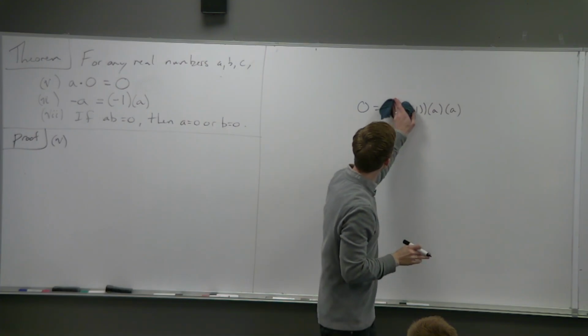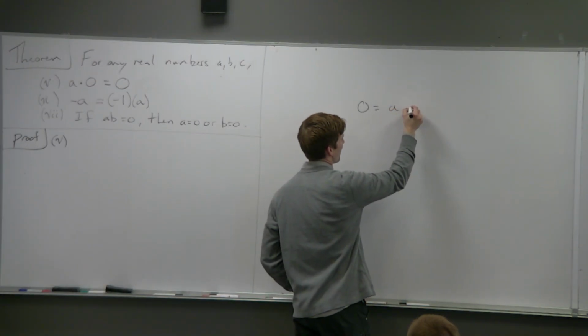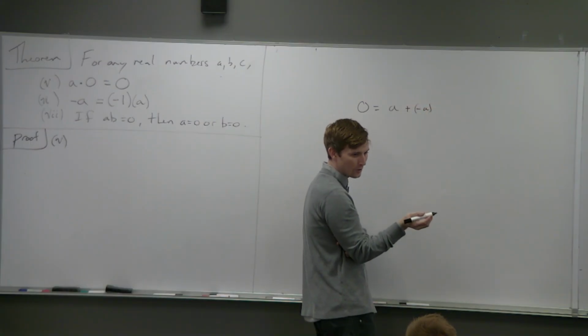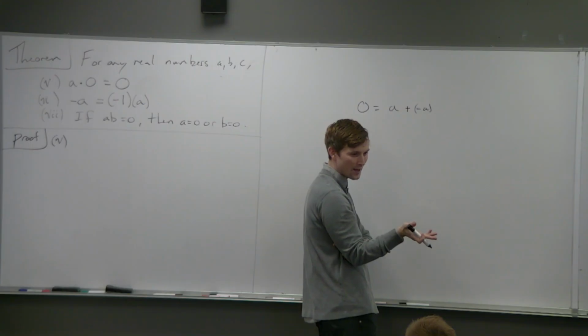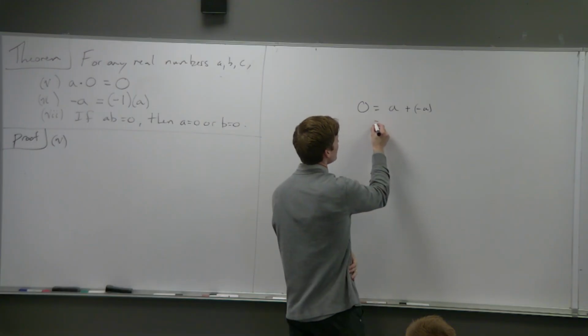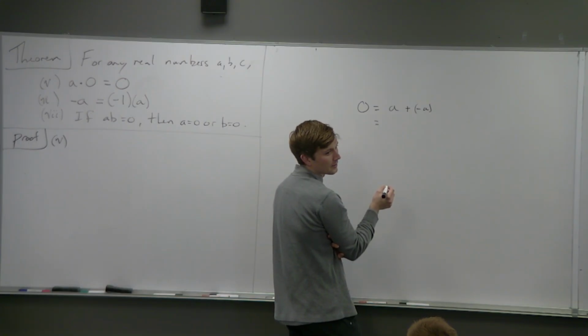What I think you want to do is write 0 as perhaps a plus minus a. OK, you want to use the definition of the additive identity, or of additive inverses, yeah? And then from that, from here, what can we do?